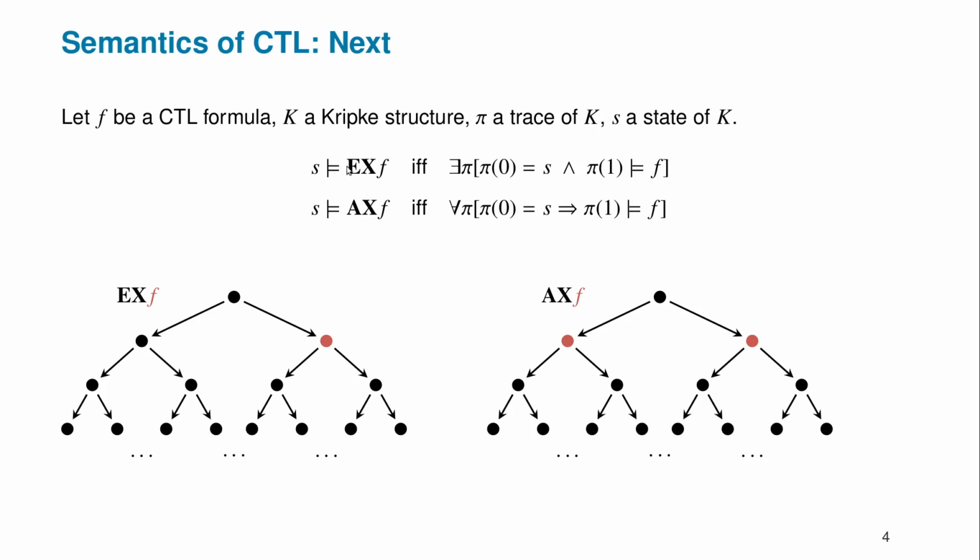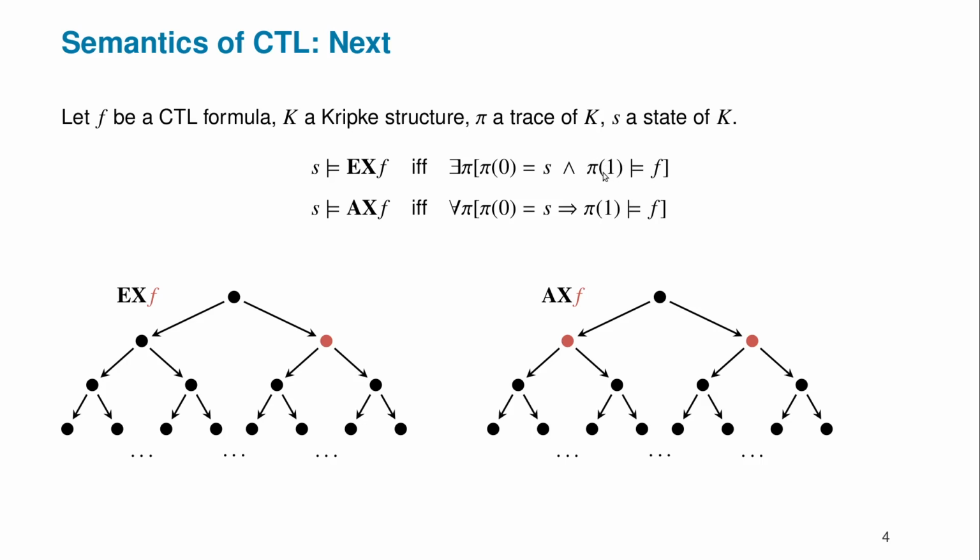So a CTL formula EX F holds in a state S if there is a path in the Kripke structure, or a trace in the Kripke structure, that starts with S, so S is at position 0, and in the state at position 1, F holds.